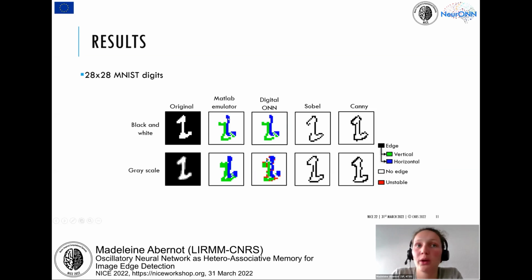We detect each edge twice, and we see that, for example, this left diagonal is not retrieved, but with the state-of-the-art it is normally correctly retrieved. We also see that the Sobel, for example, can have trouble differentiating two edges.